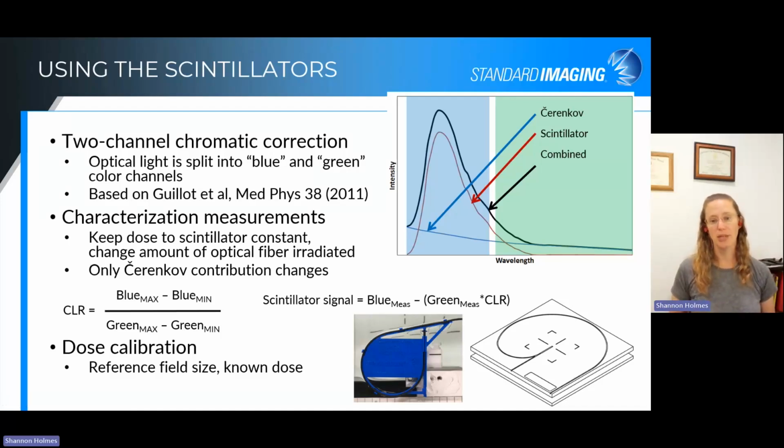If you do a dose calibration, you would give it, in this case, this has a 10 by 10 field marked on the slab, or you could give it a known dose at a smaller field in your water tank. If you give it that known dose at a reference field size, then we can create essentially a unit conversion, but a multiplicative factor that would take this scintillation signal from just a charge measurement that you've collected based on the light that came in to an actual dose value.